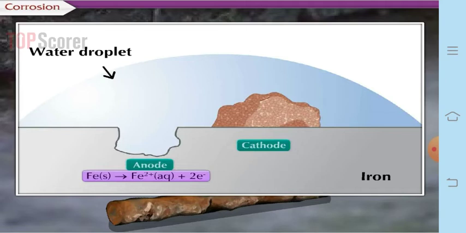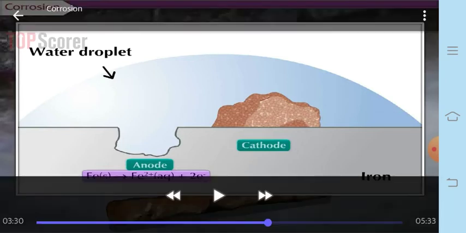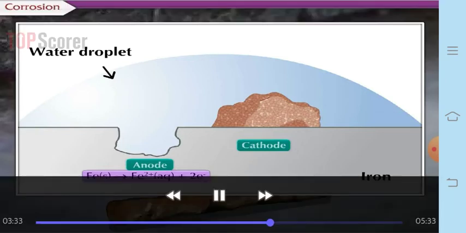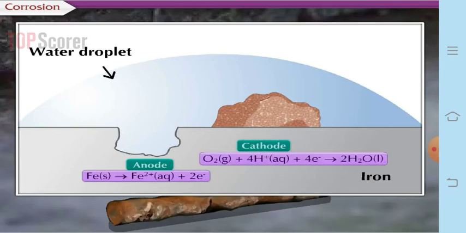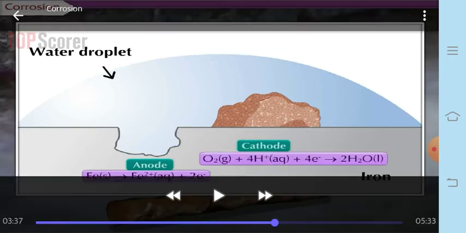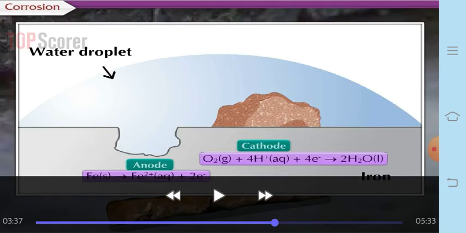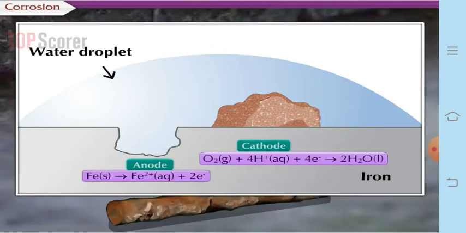So here also, iron acquires a positive charge by losing two electrons, and therefore at the anode iron undergoes oxidation. Then in the cathode region, oxygen undergoes reduction, gaining four electrons and forming water.